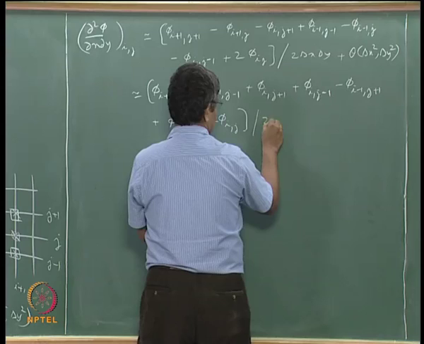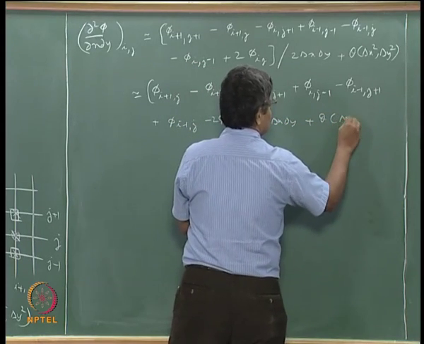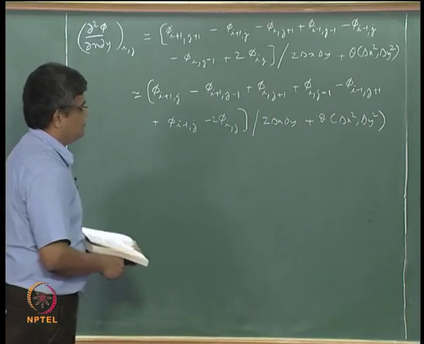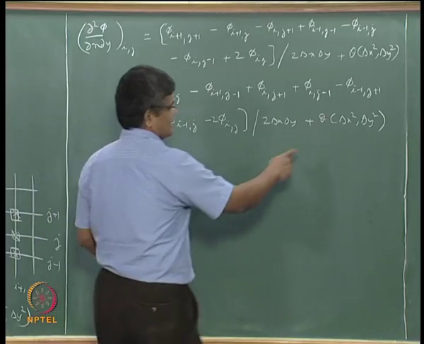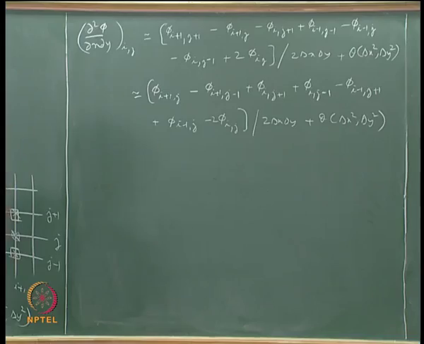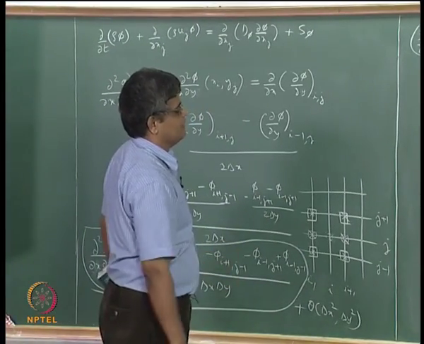This whole thing divided by 2 Δx Δy, and this is also a second order accurate formula in both Δx and Δy. So this can be derived using the methods that we have discussed.